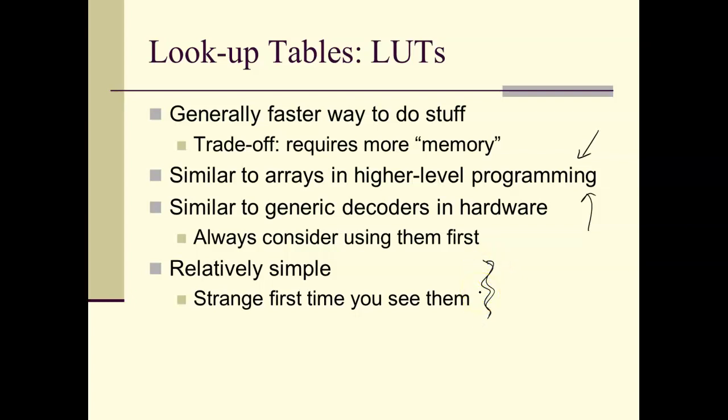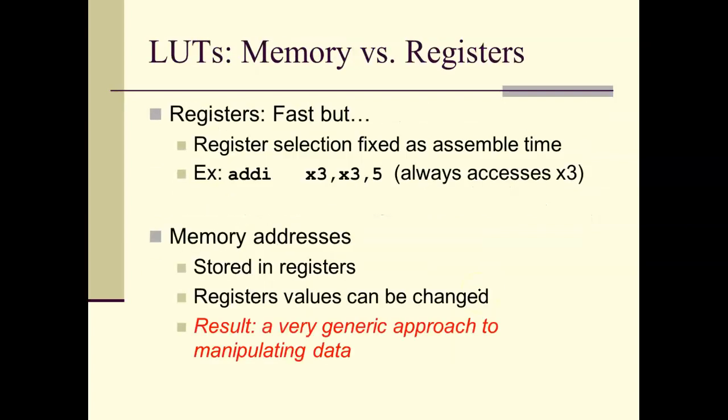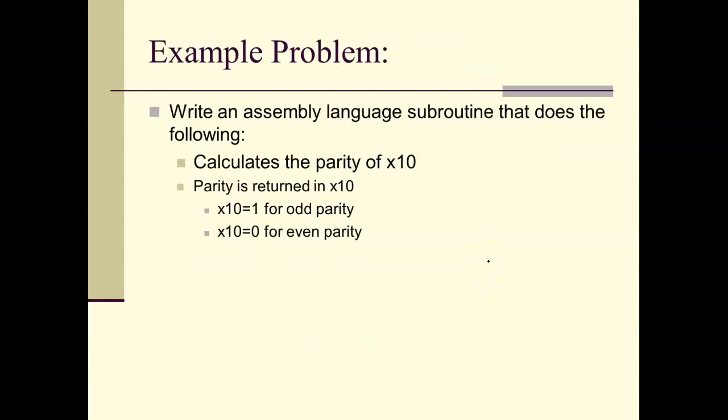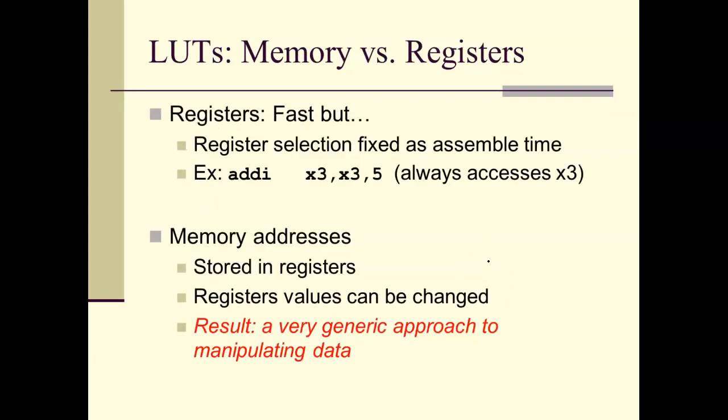I'm going to go through this with an example problem. But one more thing to say before that: memory is a higher level form of memory, which means it's a little bit slower.